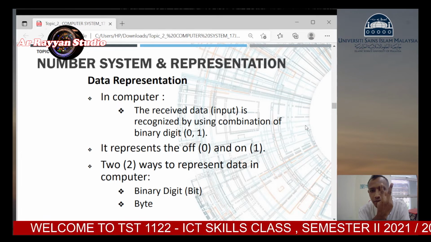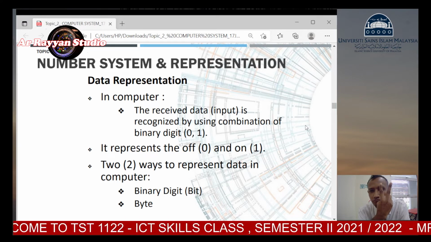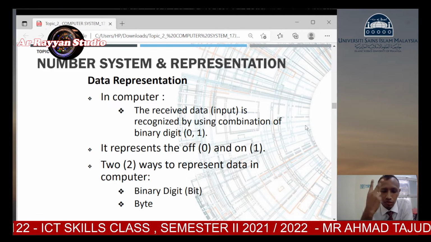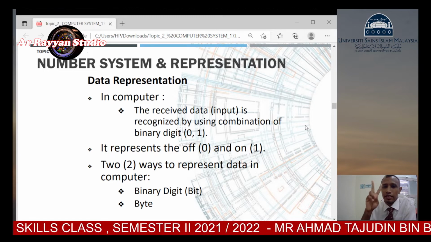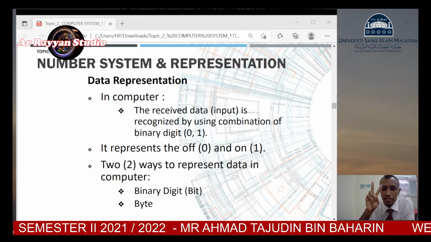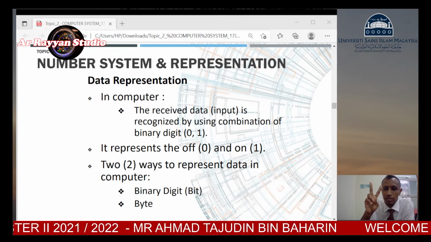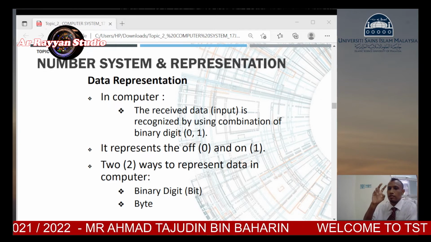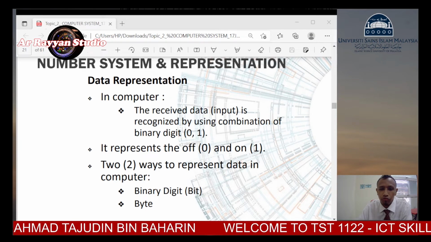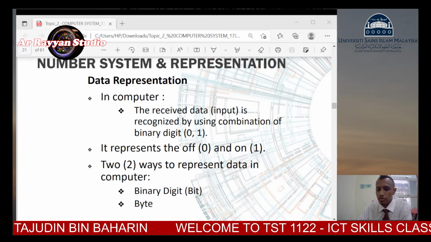By apa? By makna dia apa? Dua. So sebab tu saya cakap dia cuma kenal 2 digit je. Okay, by 2 digit. So makna dia kosong dengan 1. Okay, so it represent off and on. Off is 0, on is equal to 1.